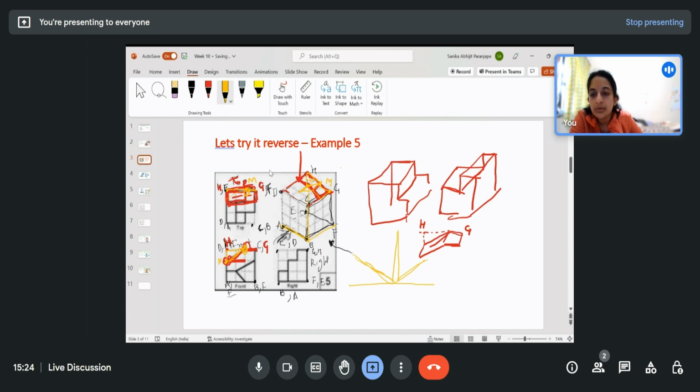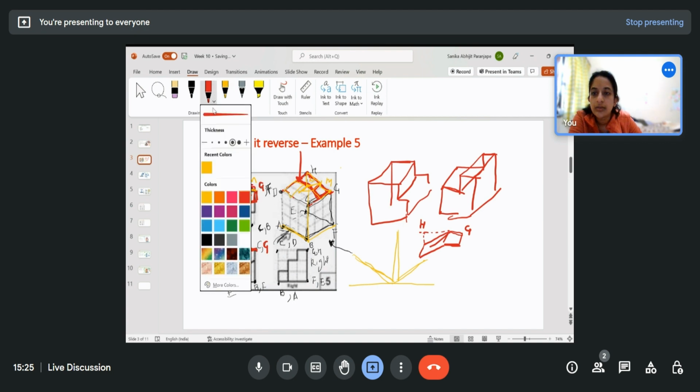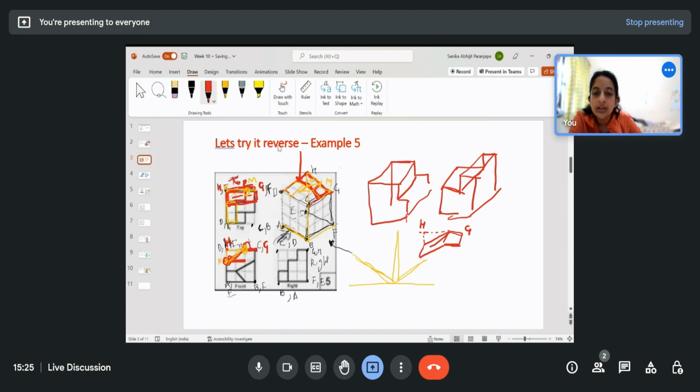Now let us come to this part. If you're looking at this one, this part corresponds to the line which is common to HEDA, that is this part of the cube.